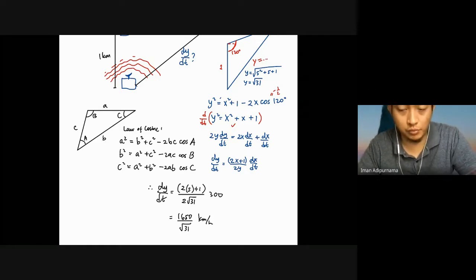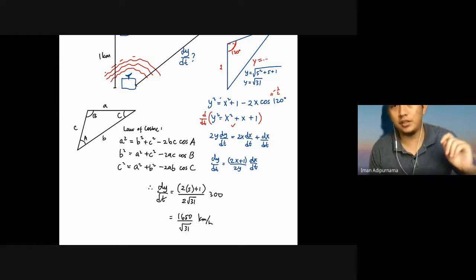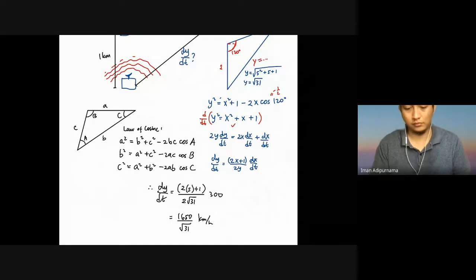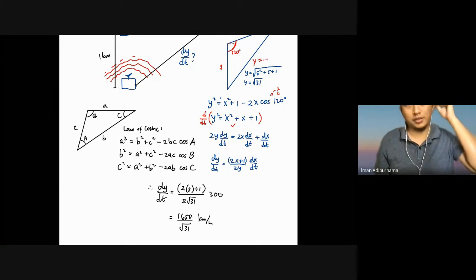I think that will be better. But because you have a random triangle, not really a right triangle, then you need to use the law of cosine. Okay, any questions?